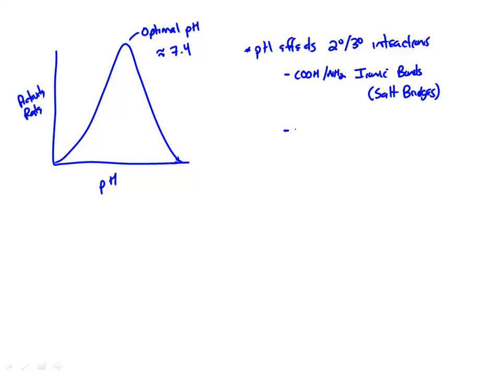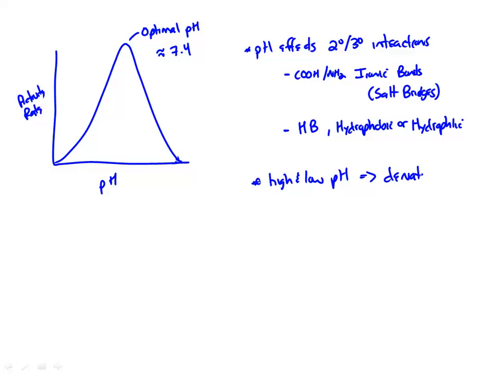It can also affect things like the formation of hydrogen bonds, and even hydrophobic or hydrophilic interactions. And really, at the extremes, at high and low pH, we tend to denature, or we change the shape of the protein enough so that it no longer functions.